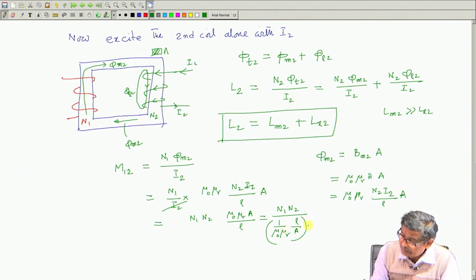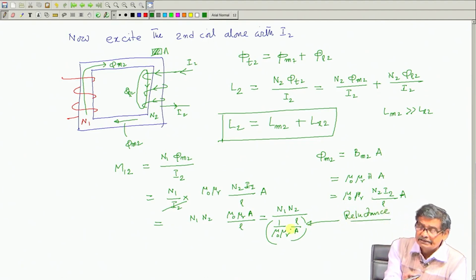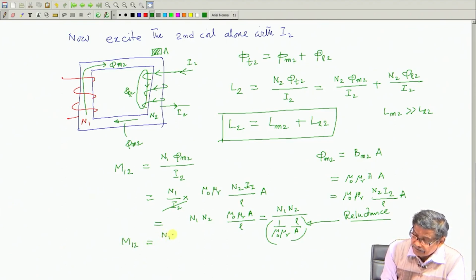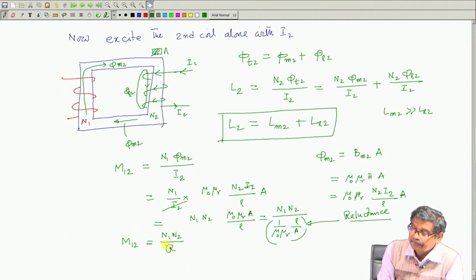So, this term is the reluctance. Reluctance is the same for the mutual flux, either you excite this side or that side. Therefore, M12 will also be N1 N2 divided by reluctance.